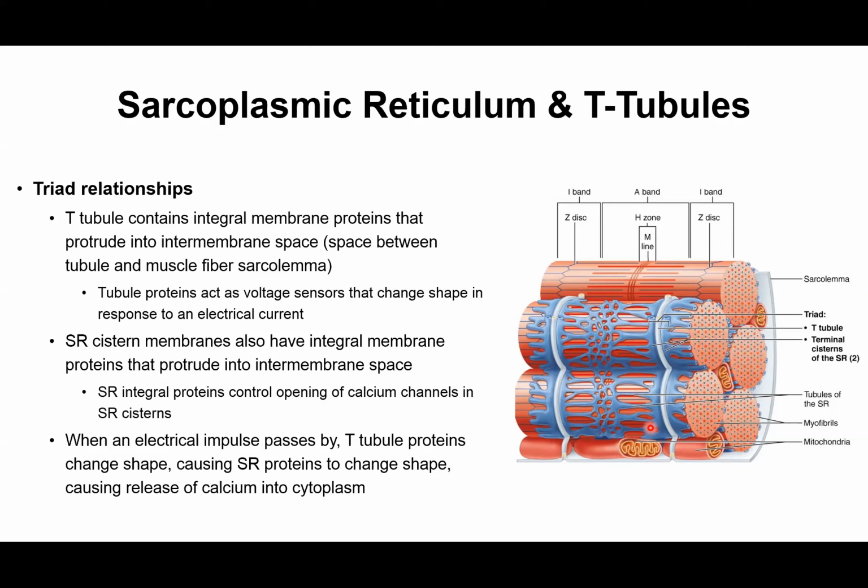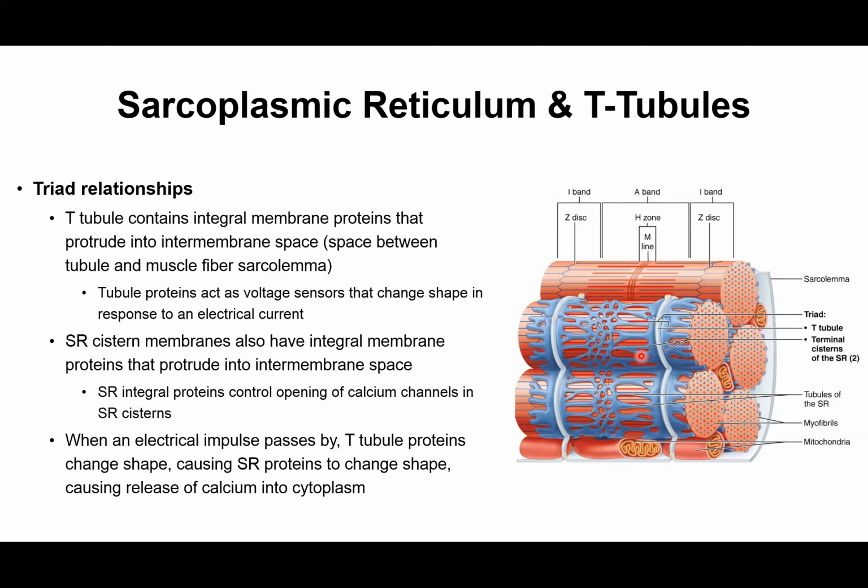So when an electrical impulse passes by, these T-tubule proteins change their shape. The proteins associated with these white bands change shape, and that's going to cause the proteins on these sarcoplasmic reticulum membranes to also change shape, and that's going to cause calcium to be released into the cytoplasm.